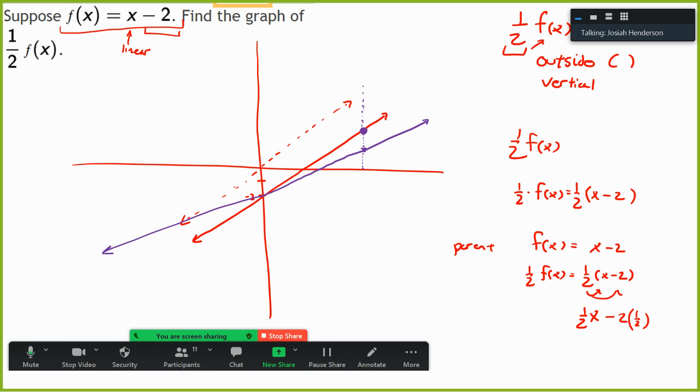So instead of -2, it becomes -1, meaning it's no longer at -2. The warping is happening, so it's got a lower slope than the red graph does. So it is going down, and it's being warped by a half, like we said, but it is also now going through at -1.